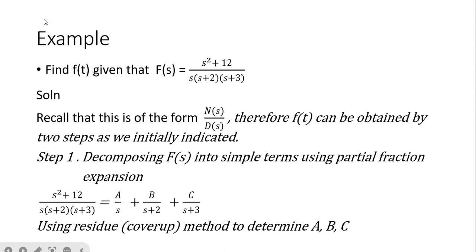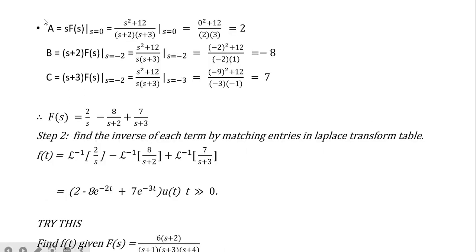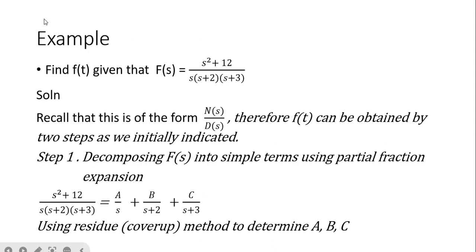So when we make s zero, we just look for A. We make s zero, so we multiply that s also by F of s. When we do that, we're multiplying this whole function by s.